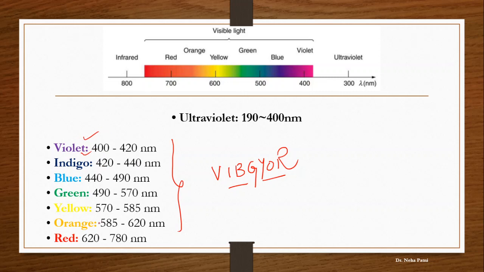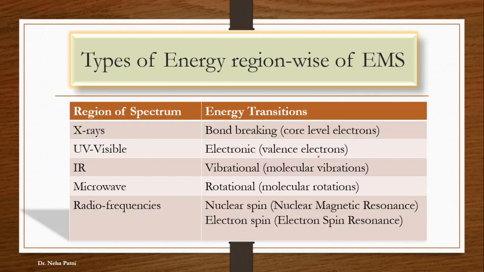So these are the colors and these are the ranges, and that is how we see color, that is how we are able to see this beautiful world. And UV always goes side by side with visible in terms of spectroscopy. So up to 400 nm it is UV range, and then the visible range starts from 400 to around 800 nm. So let us go further with this.